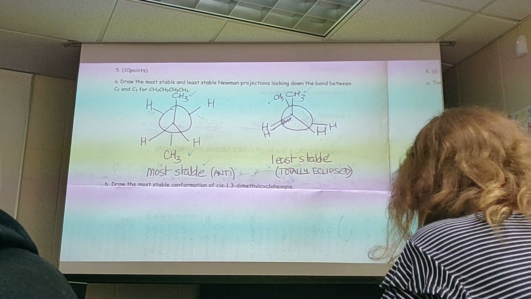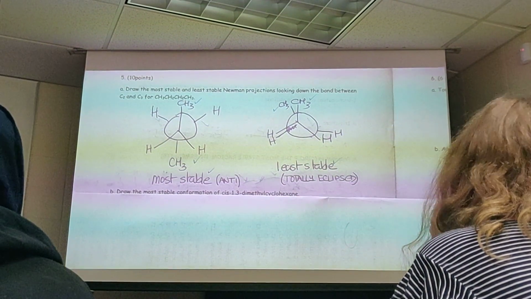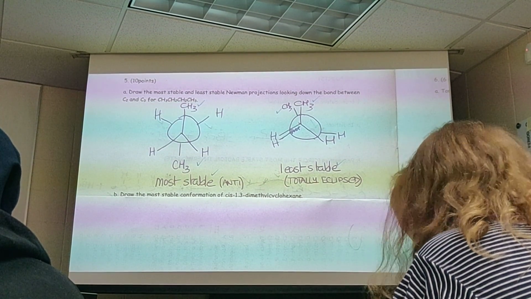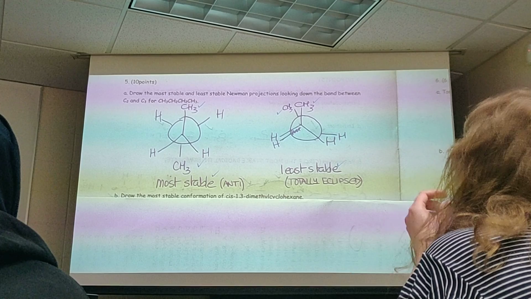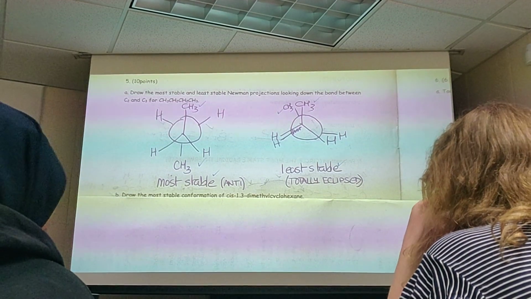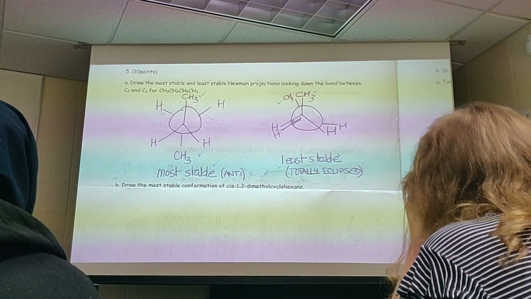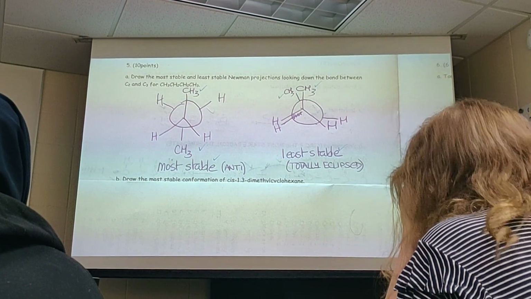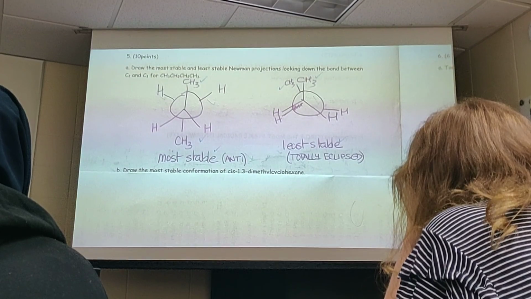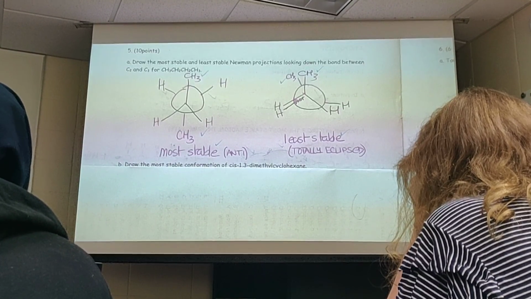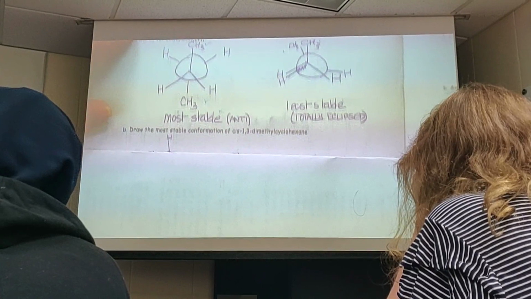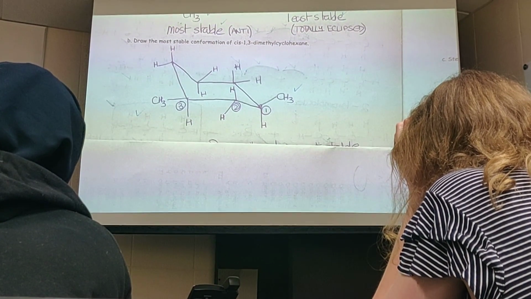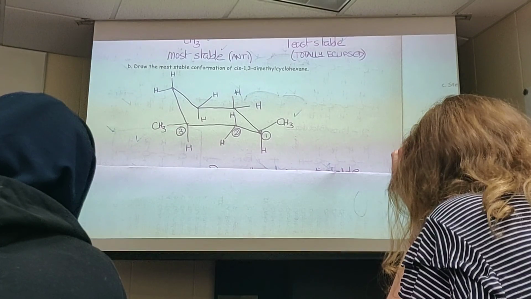Yeah. So your stability of various configurations. Your most stable configuration for your Newman projections is the anti configuration, and the least stable is the totally eclipsed configuration. And then for your cyclohexane, right?